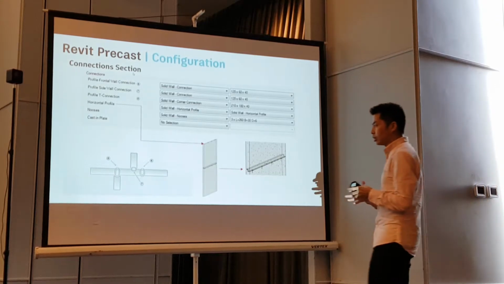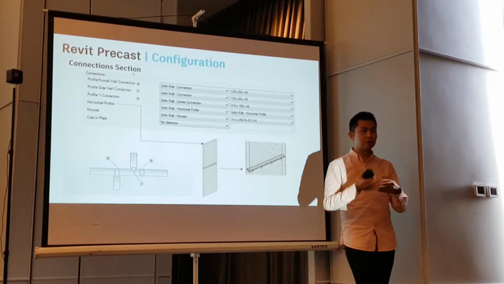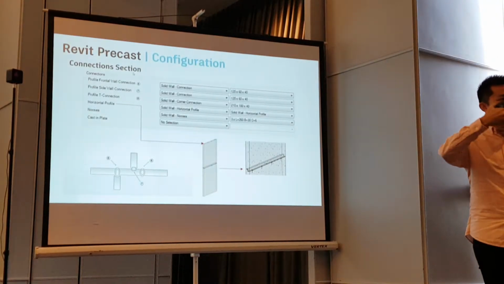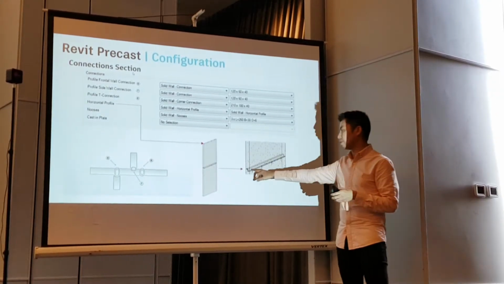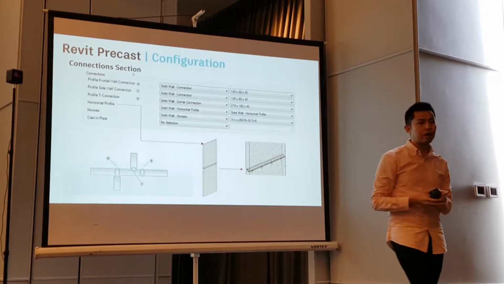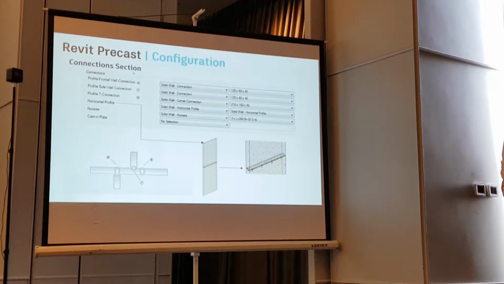Horizontal profiles are based on this one. You guys know the male and female method, right? How they combine these two together. So basically, you can control the profile here. Whenever it's reading the profile, you know that in a Revit family we have a profile, and it's controlled in the same manner.